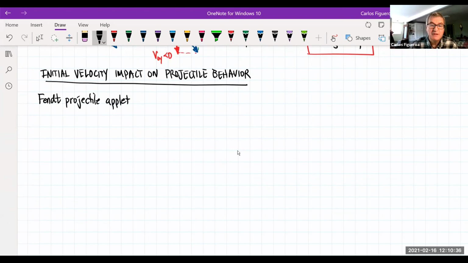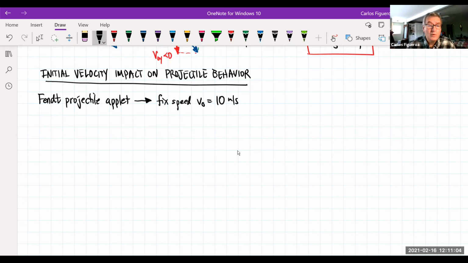He's a super nice guy, and he's very open to letting people actually modify his applets, which I think is really amazing. And just like how we fixed it at 50 meters a second, what we're going to do here is have a fixed speed, V initial, of 10 meters per second.